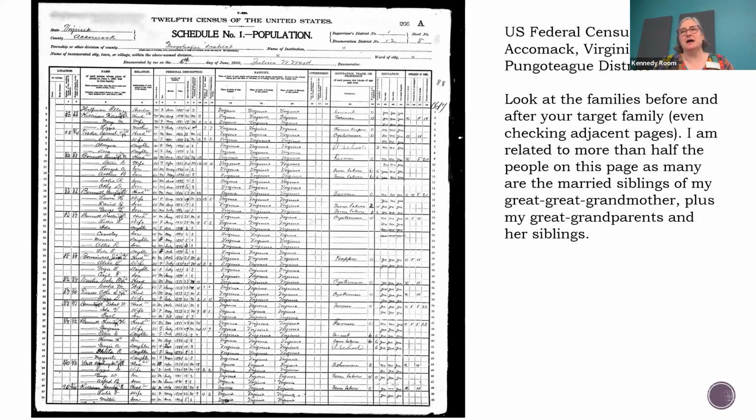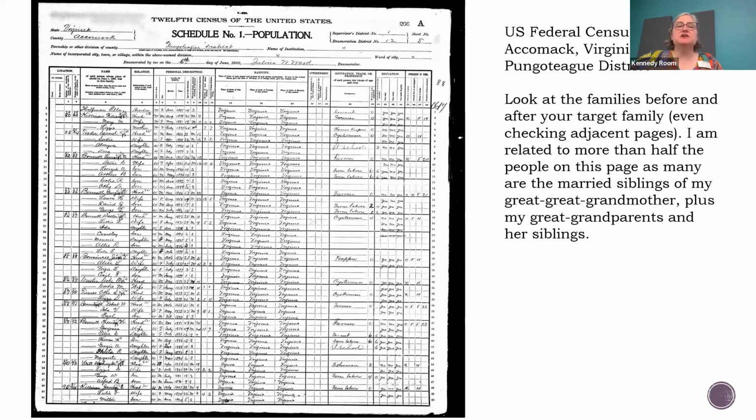Now, somebody might not have been home, so they might have gotten enumerated or counted in a different location in the census. But a lot of the time you get everybody who lived on that street or everybody who had neighboring farms along that particular road. And that can be really helpful when you're like, oh, so that's how Aunt Laura met Max. The families had farms next door to each other.